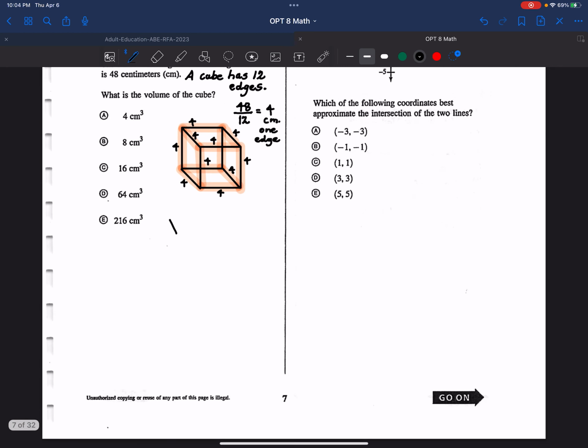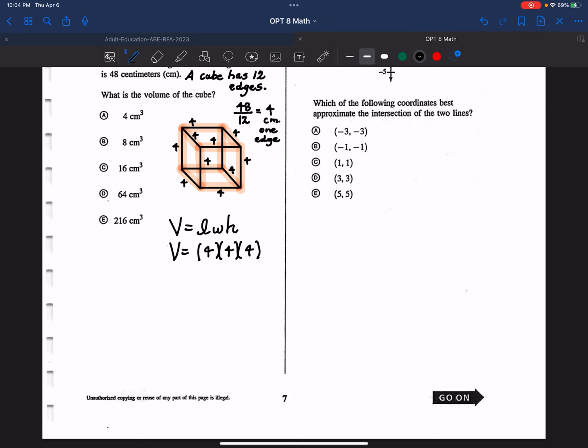The volume equals the length times the width times the height. So volume is 4 times 4 times 4. It's 4 long, it's 4 wide, it's 4 high, because it's 4 on any edge you pick.